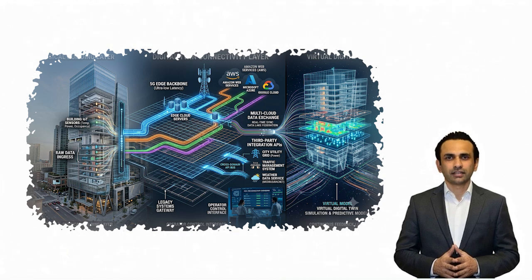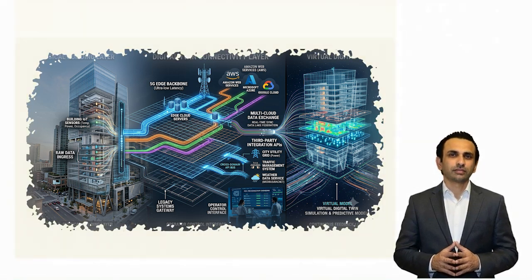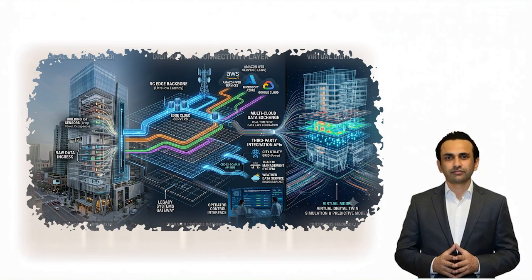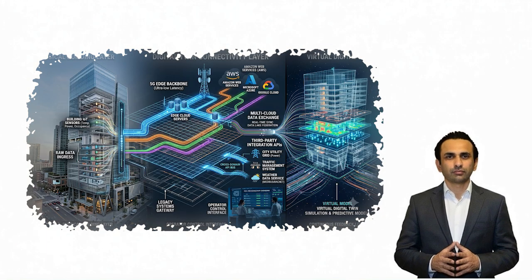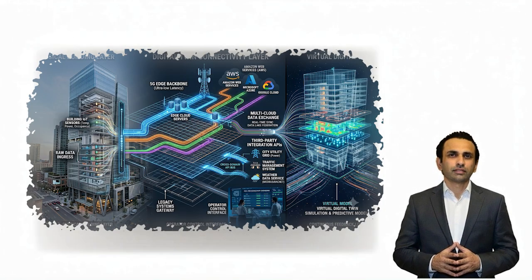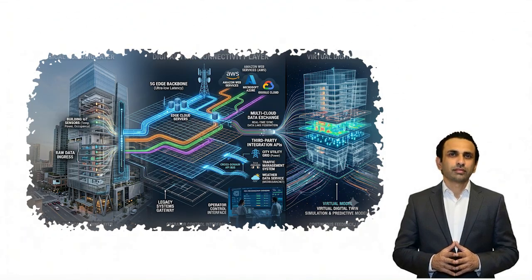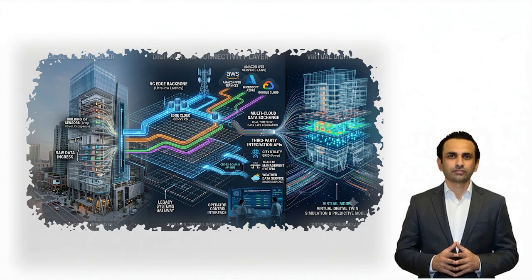Common technologies here are MQTT, OPC UA, HTTP and REST, 5G, Ethernet, LoRaWAN. This layer must be reliable, secure, low latency, scalable. If connectivity fails, the digital twin becomes blind. Think of this layer as the bridge between reality and simulation.